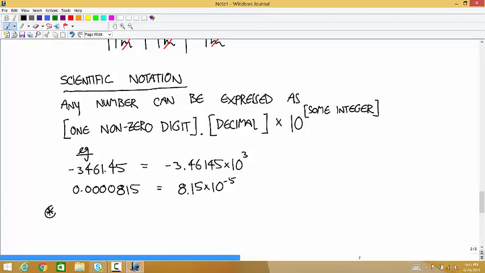One thing to notice here is that you never have to fiddle with the sign. The sign is always the same, whether you're using standard notation or scientific notation.